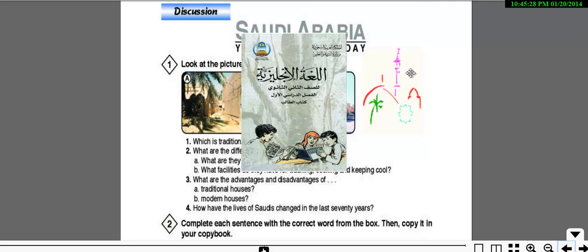What are the advantages and disadvantages of traditional houses and modern houses? Well, basically, modern houses are absolutely much more different because of their already installed systems and the material that's used in the building. But in terms of traditional houses, why would people like them or not? Well, it's traditional by the end of the day, as the name says.